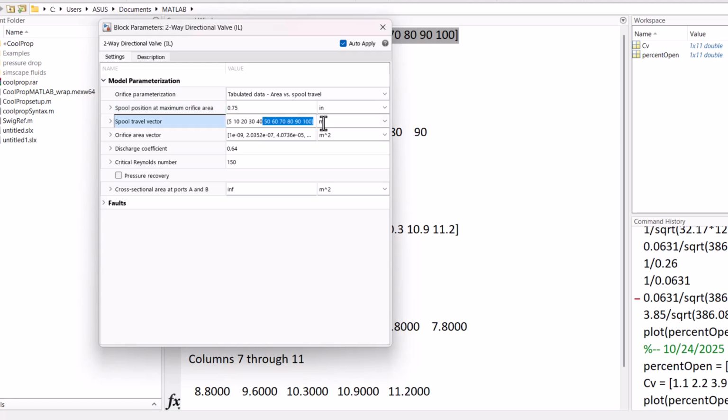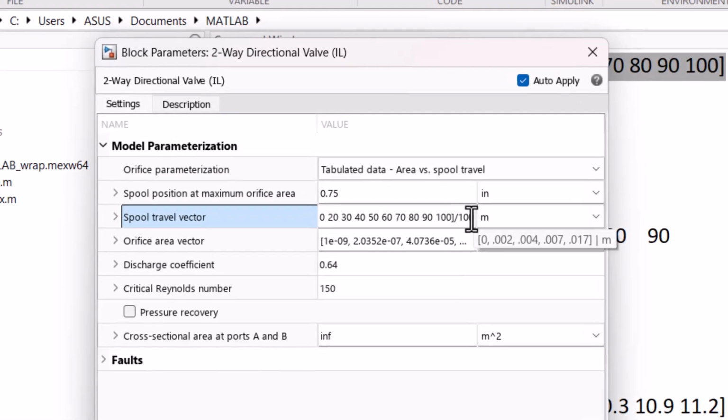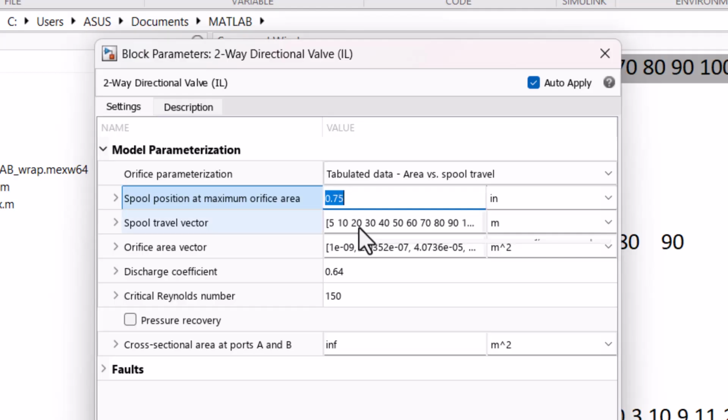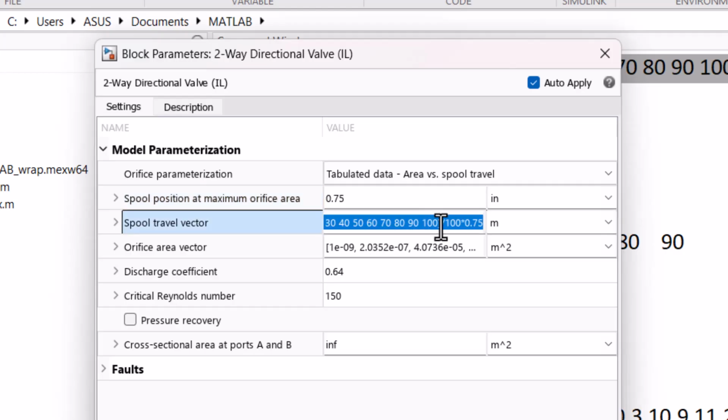But since these values are in percentages, they have to be divided by 100 and then multiplied by 0.75. For example, we want the valve stroke to be at 0.75 position when it is 100% open. So 100 over 100 times 0.75 gives us that value.